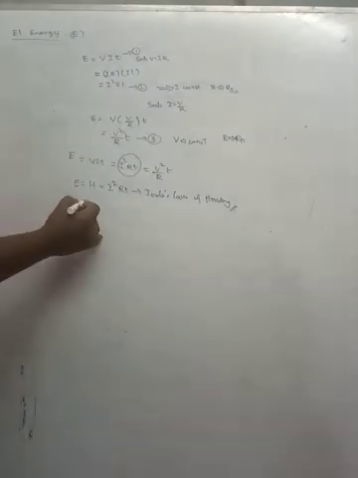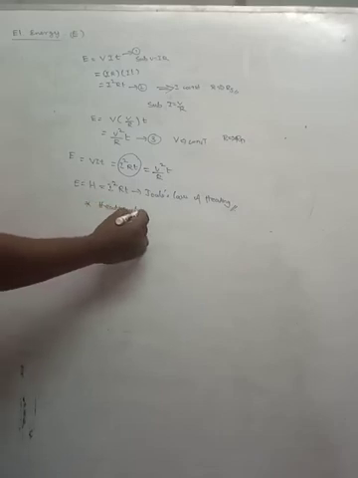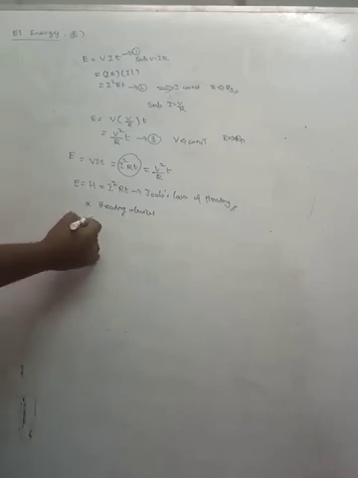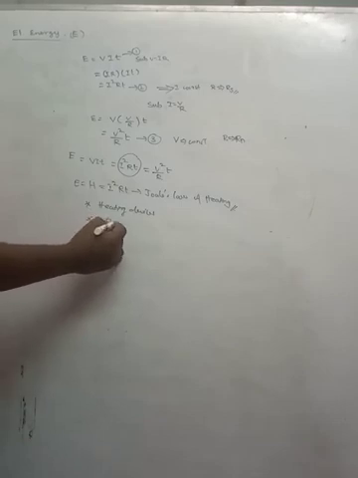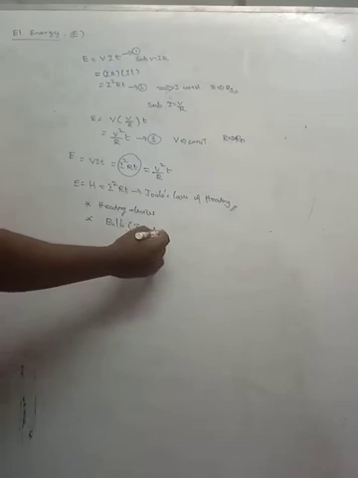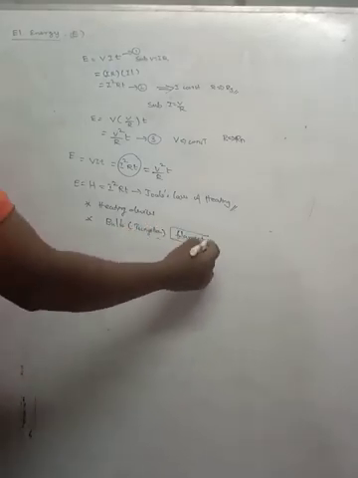The first one, it is used in heating devices. So many heating devices are there. All the heating devices we are using, like iron box, water geyser. So these all are heating devices. Second one, it is used in bulb, electric bulb. That is nothing but a tungsten filament.